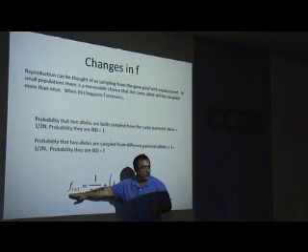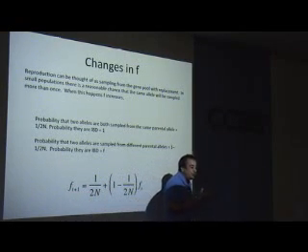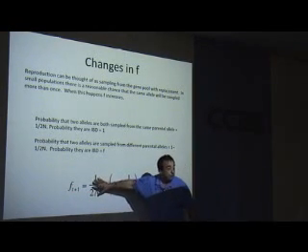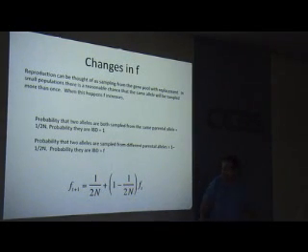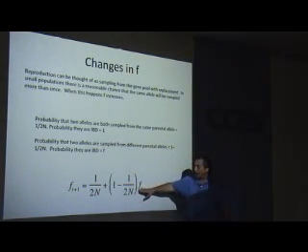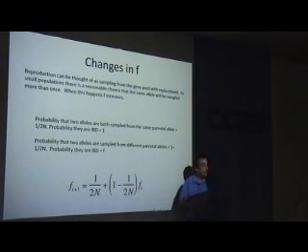F at time t plus 1, what it will be in the next generation, is 1 over 2n, the probability that we grab the same allele twice, plus 1 minus 1 over 2n, the probability we grab different alleles, times the inbreeding coefficient in the current generation.